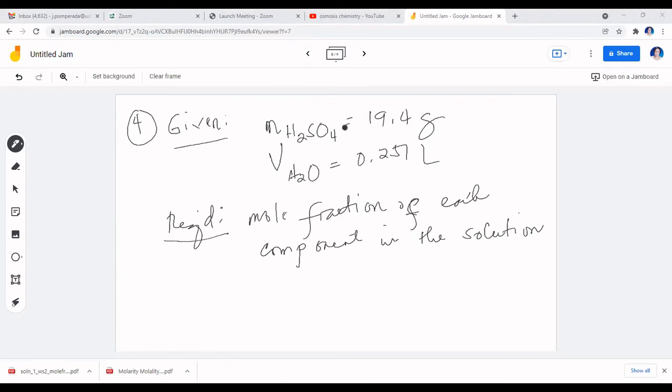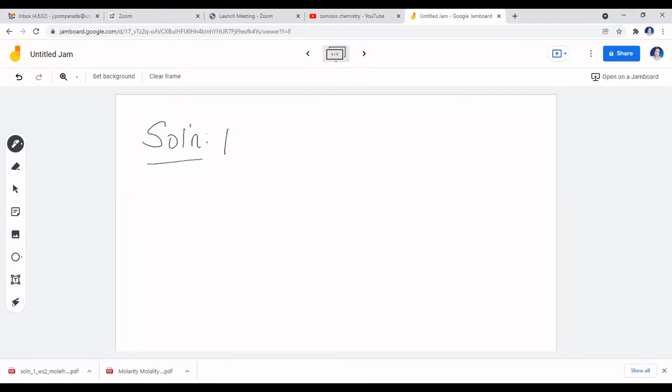Okay, you will use it anyhow. So we will determine the molar mass of each. So molecular weight of sulfuric acid, molecular weight of H2O. This I can readily answer. What about sulfuric acid? We have 98. I will not write the units anymore.